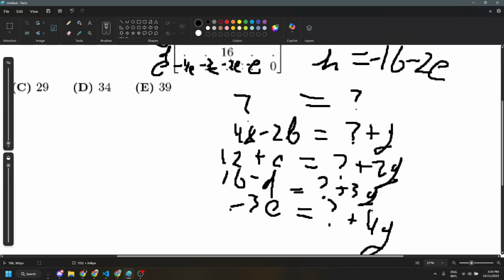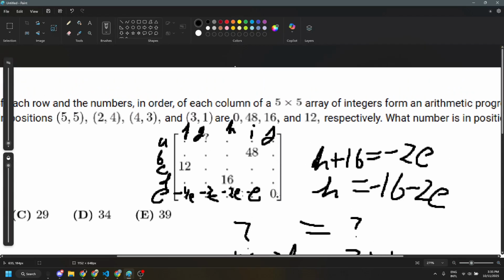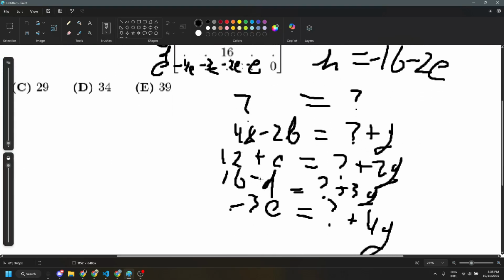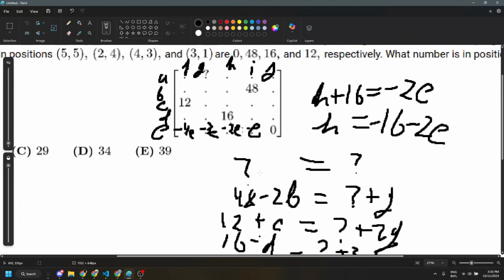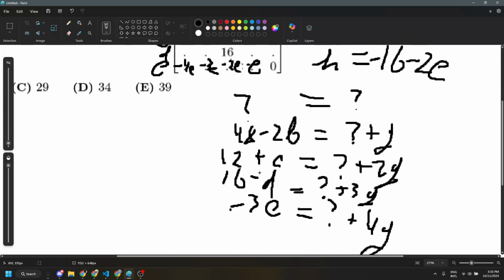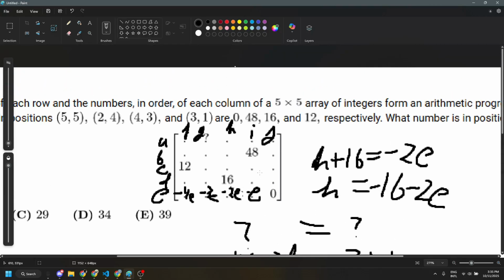Okay, so how do I solve this? Because it's not like we have any other numbers in these rows or columns to deduce any of these numbers by, right? Because I guess not.